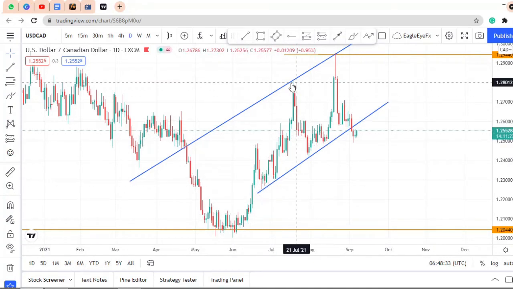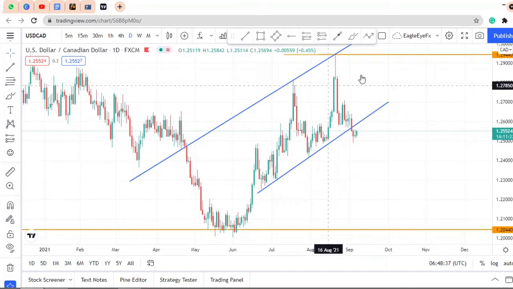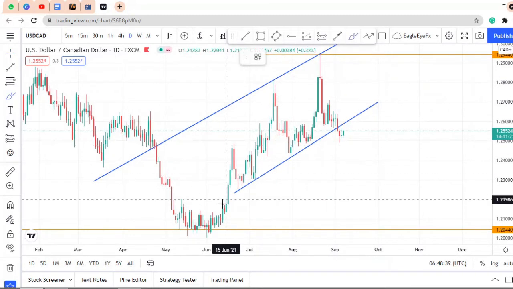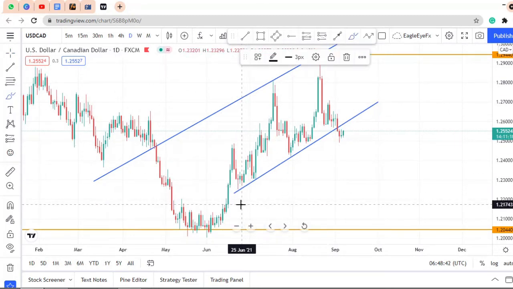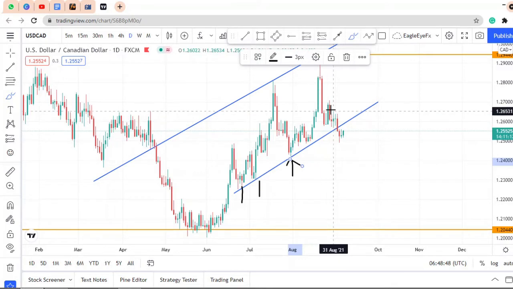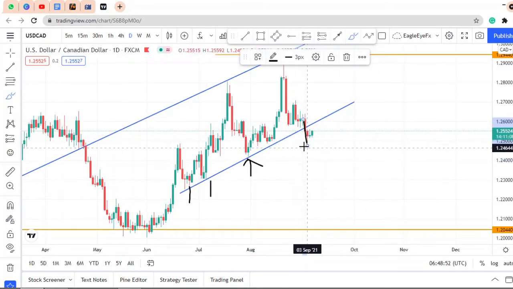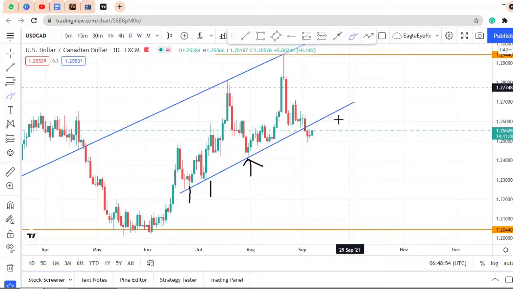So you can see that we have this and this here. Then the interesting part is that you can see that Usdcad was obeying or respecting this level, but now we see a break. Okay, I see a break of this trend line.